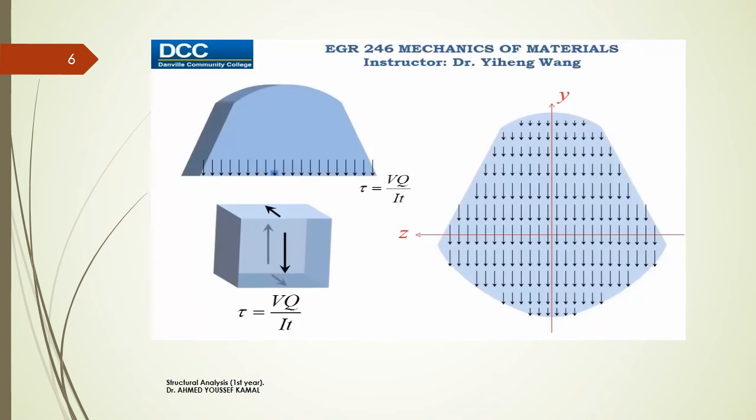The integration of shear stress over this cross-sectional area should equal the internal shear force V at this location. As you can see, according to our analysis, shear stress varies with x and y coordinates, but it follows a uniform distribution along the z-axis. However, in reality, shear stress varies with z as well.